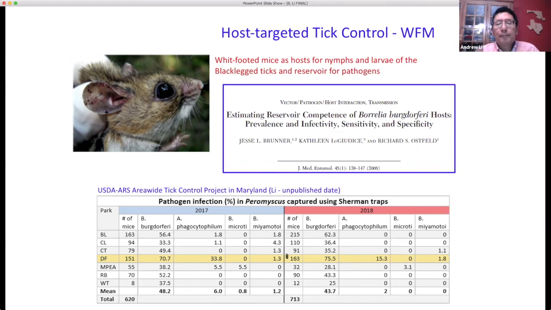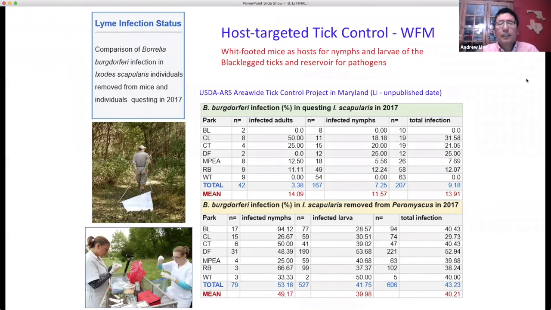Next slide, please. How about the ticks? The top table shows questing ticks. You can see variation among sites, but on average, about 14% of questing nymphs and adults tested positive for Borrelia. How about the ticks feeding on mice?